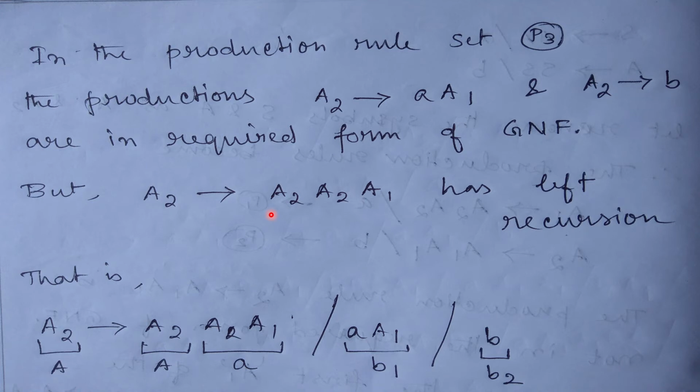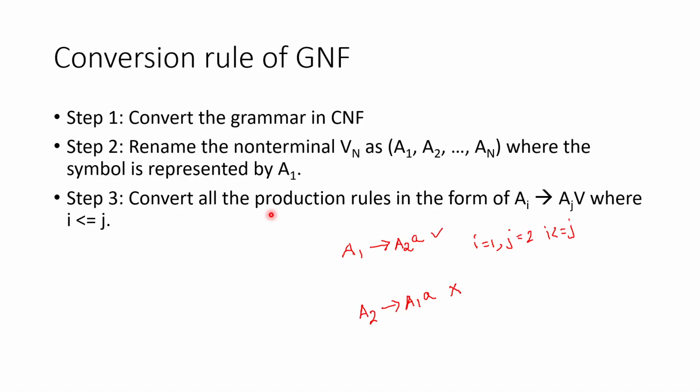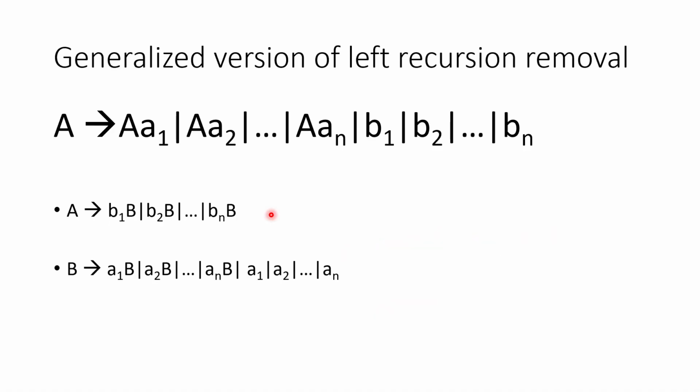Now if you want to remove the left recursion, you have to follow the rule of left recursion removal. If you forget how we can remove a left recursion, you can go to my previous lecture and easily find that. But in a general situation, let's go back to the basic rule, the generalized version of left recursion removal.